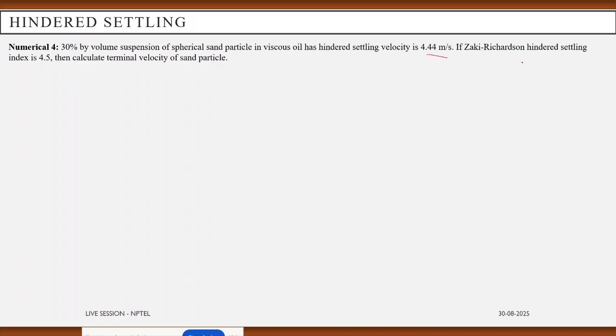If the Richardson-Zaki hindered settling index is 4.5, then you have to calculate the terminal velocity for the sand particle.